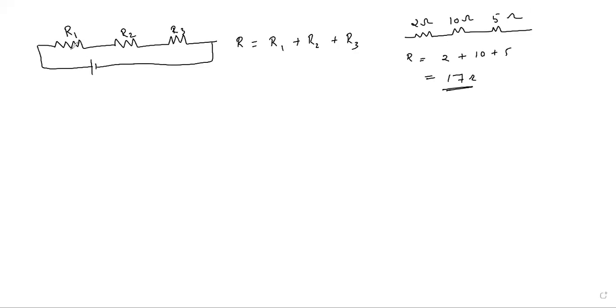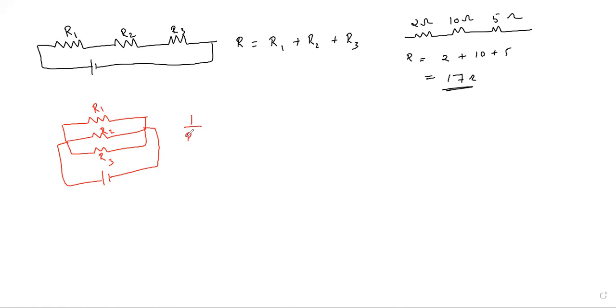But if these three resistors are connected in parallel, this is R1, this is R2, and this is R3. In a parallel connection, what is the expression for equivalent resistance?